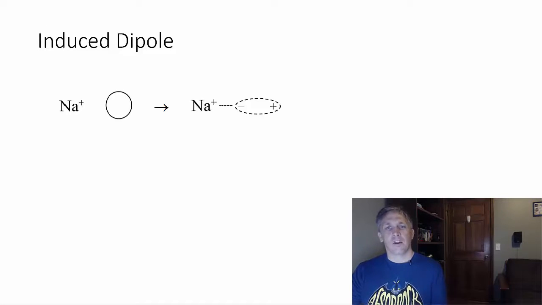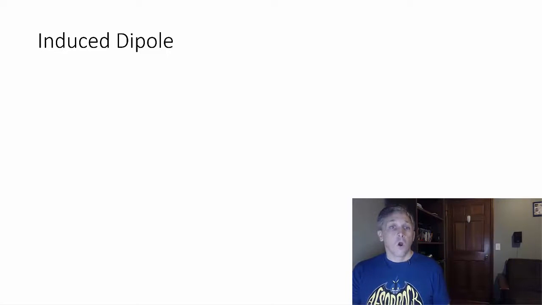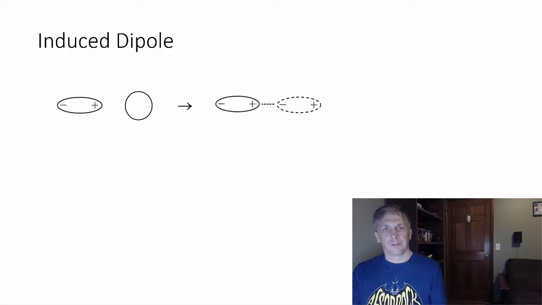The positive charge from that ion will pull electrons toward it, or if you have an anion, it'll push electrons away, causing that molecule to be temporarily polar. If the two things move away from each other, it'll go back to being symmetrical. Or you could have a polar molecule get near a nonpolar molecule, and that can cause a brief induced dipole.